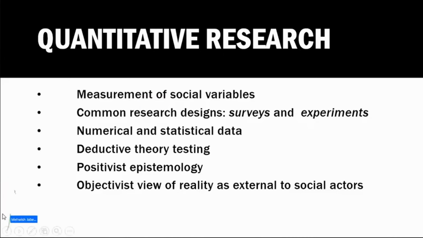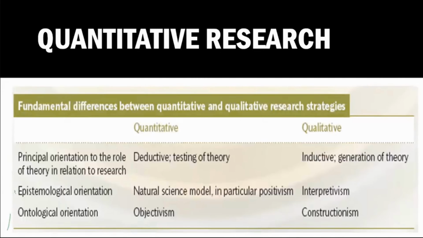So, quantitative research methods are basically backed up by the measurement of variables. Common research designs are survey and experiment, numerical and statistical data is used, deductive theory, positivist epistemology, and we have objectivist ontology in this scenario.